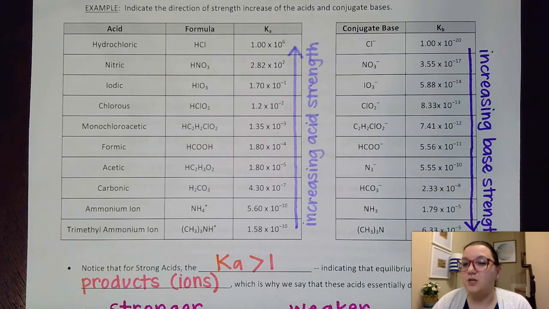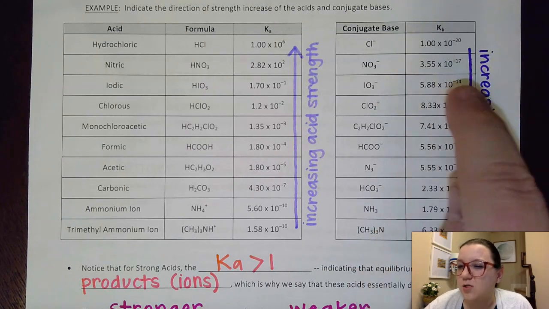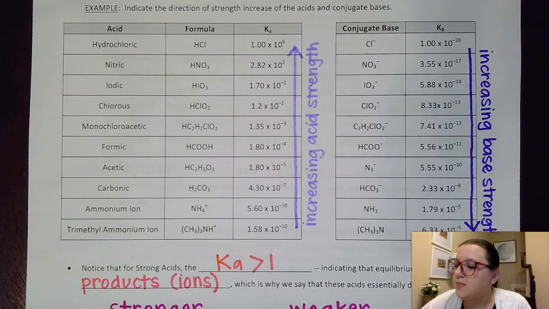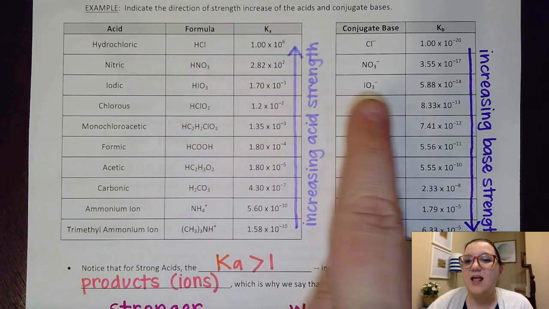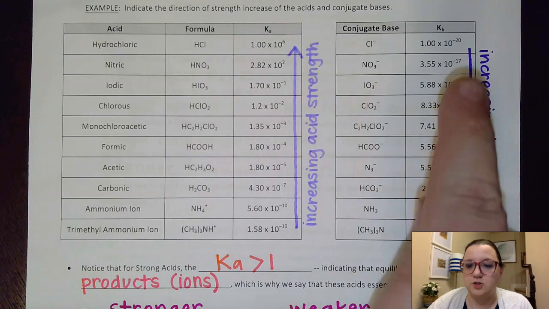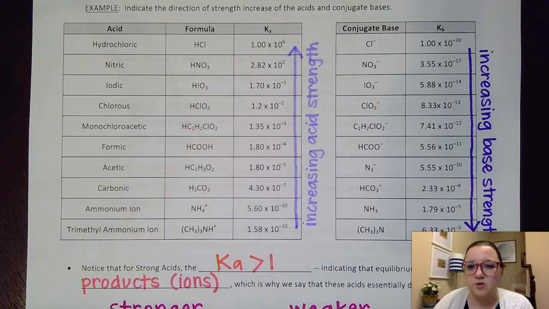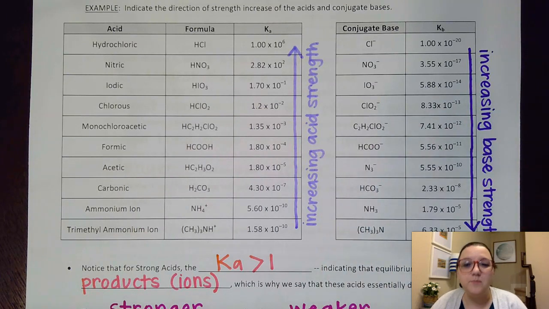Notice that on the conjugate pair list, here my Kb's are really small at the top, and they get bigger as I work my way down, meaning that I have increasing base strength moving down this chart. So think about what that means. If I have a really strong acid, then it has a very weak conjugate base. If my acid is not quite as strong, then I have a little bit stronger conjugate base.